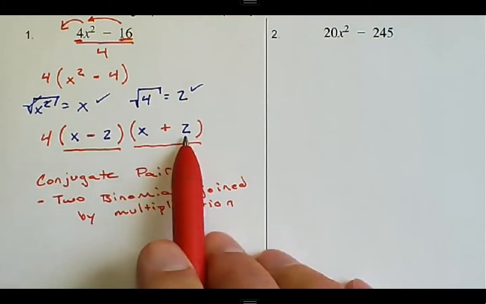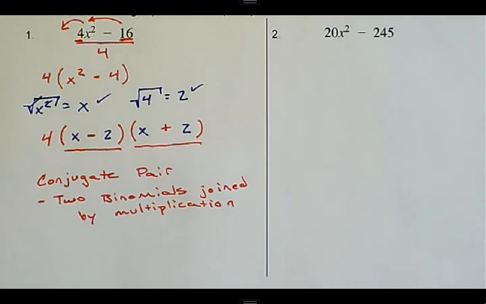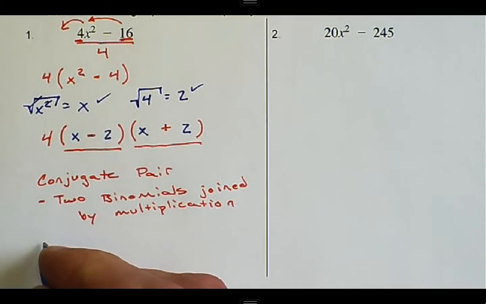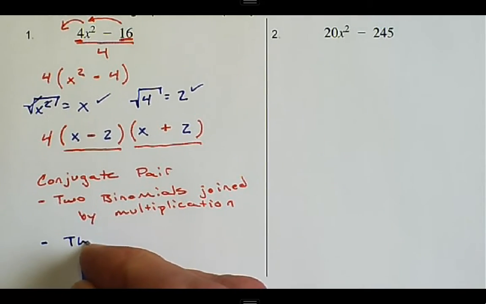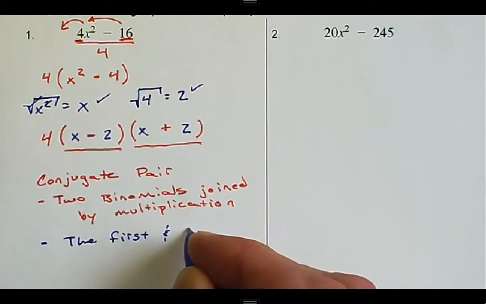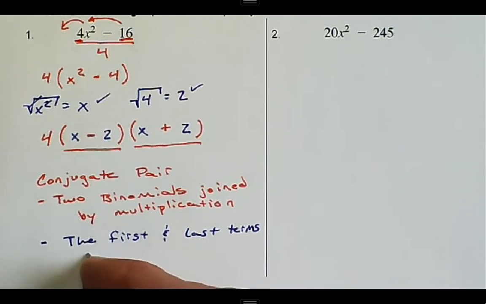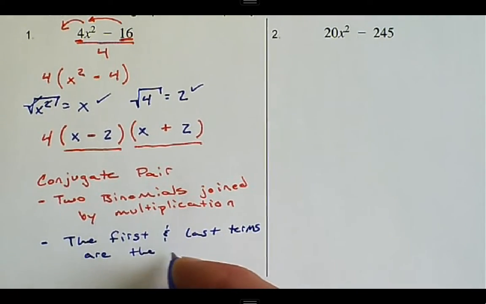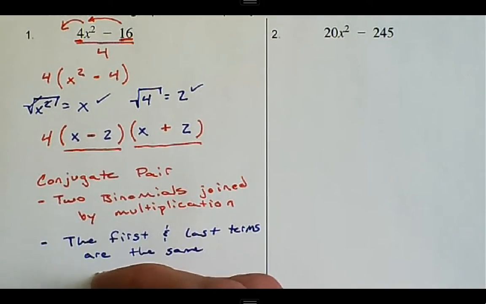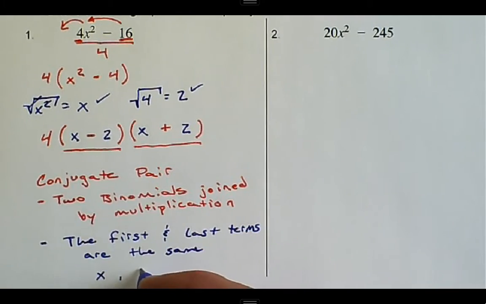We have x minus 2 and x plus 2, and the operation in the middle is multiplication. The first and last terms are the same. In this case, our first term for both was x, and our last term for both was 2.